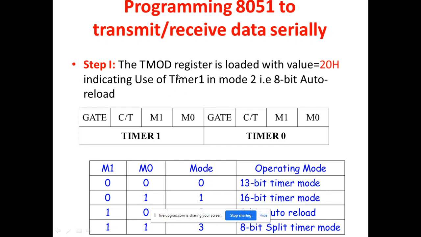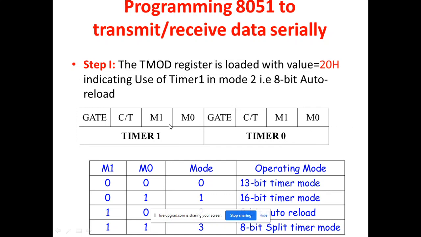Before that, I'm using timer 1 mode 2, and that's why I'm selecting the mode with the help of the TMOD register. This is the structure of the TMOD register. The lower nibble controls timer 0, the upper nibble controls timer 1. Here we are not using timer 0.